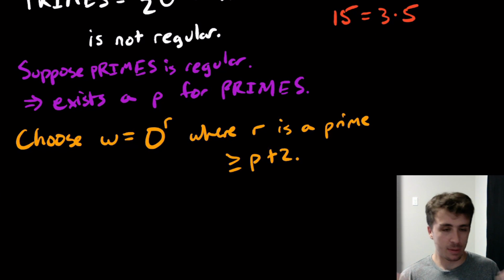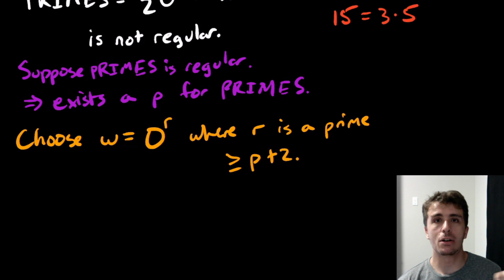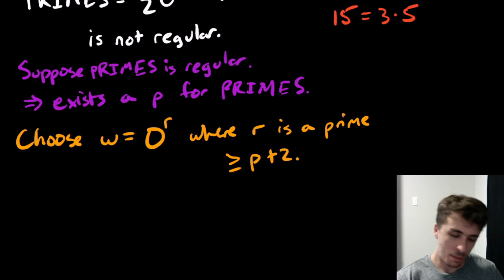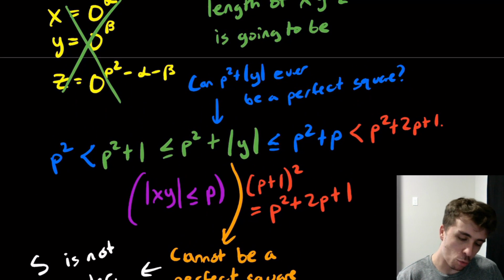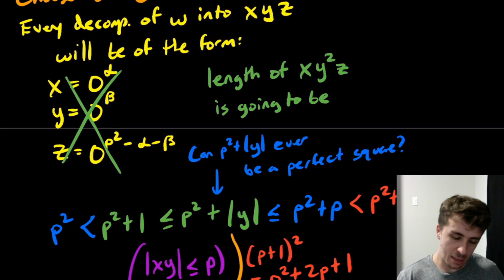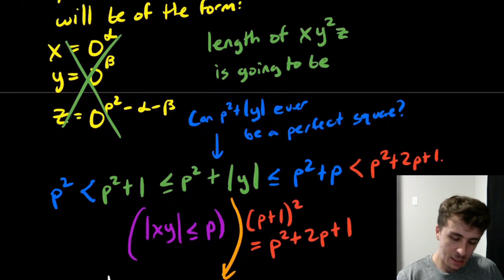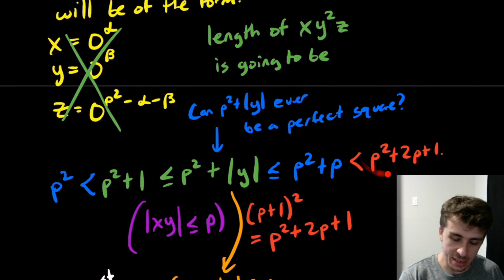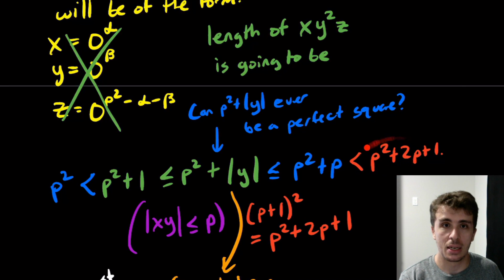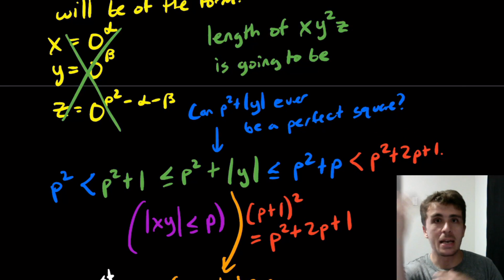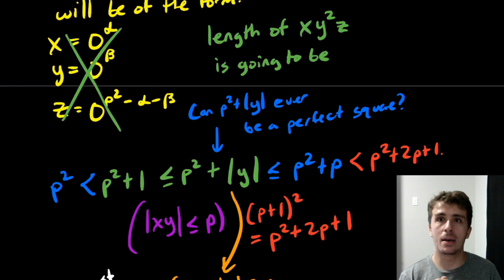Well, the thing is, I don't know necessarily which value of i to pick. Before, it was pretty clear what to do, because as long as it didn't ever get close to this upper bound right here, this next perfect square, or in the other cases, as long as the criteria was not met, then that was fine.